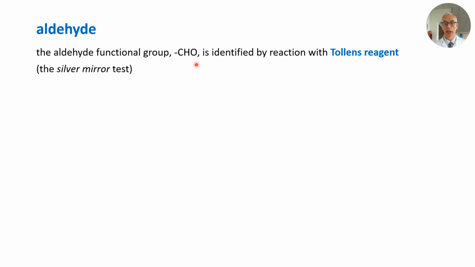The aldehyde functional group is distinguished from the ketone by identification with Tollens reagent, which you may know as the silver mirror test. Tollens reagent is a solution of ammoniacal silver nitrate. It's formed by adding ammonia dropwise to silver nitrate solution.